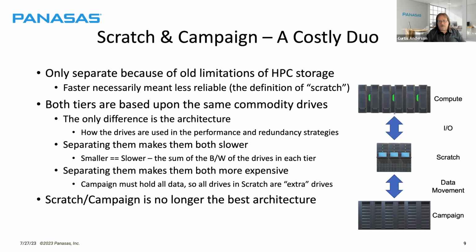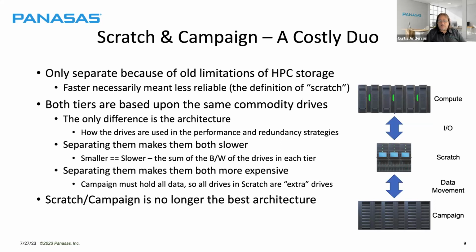So moving data up from Campaign to Scratch slows down the Scratch while you're trying to compute on it. You lose the benefit. And you also need something to do the movement for you. You're not just going to use cp or tar. You're going to have a big, large infrastructure that's separately managed from the other two.